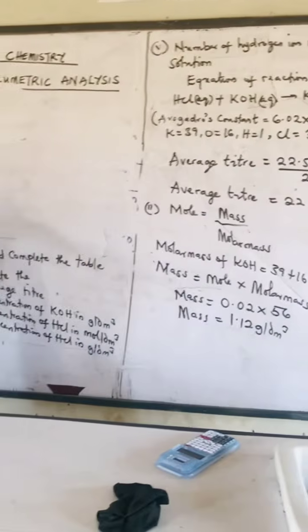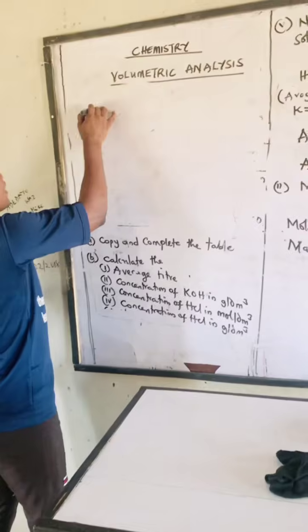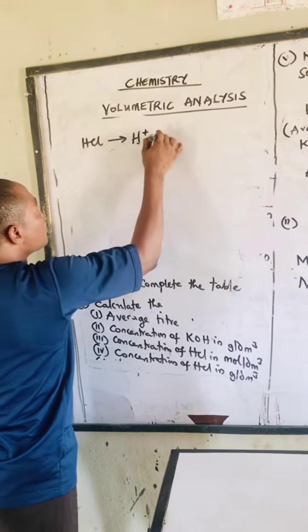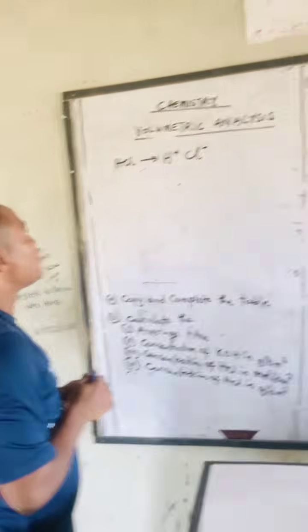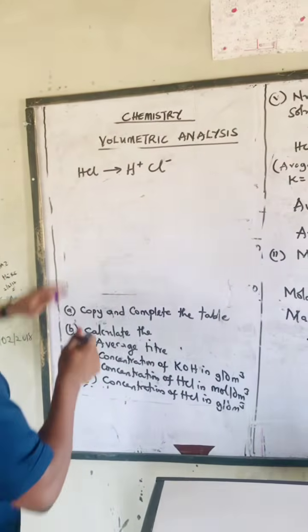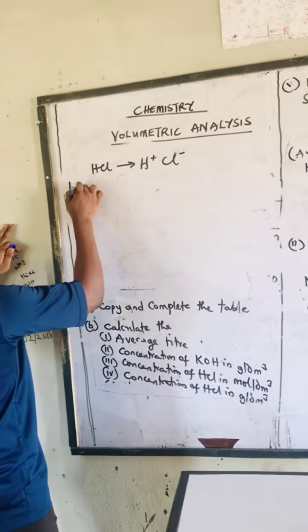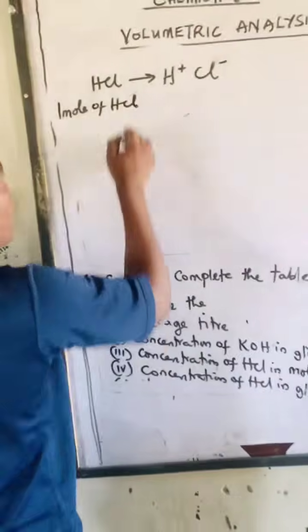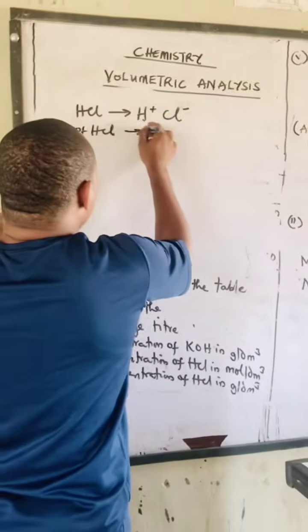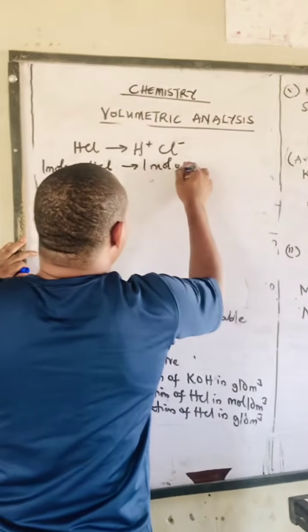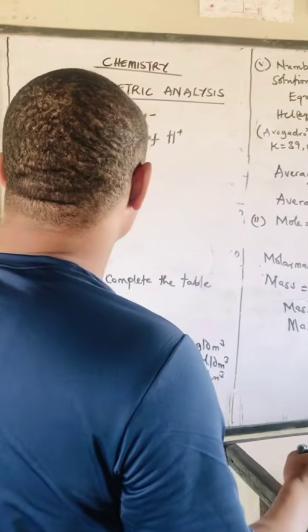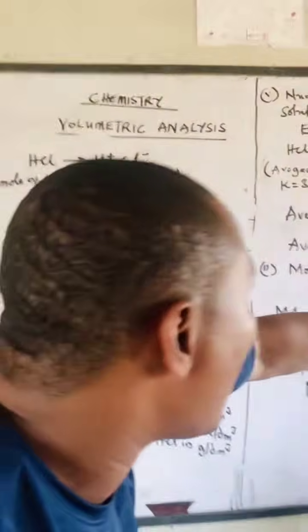Okay. From there, our dissociation reaction for HCl will be HCl equal to H plus Cl, and that's our dissociation reaction now for HCl, which means that 1 mole, please follow me, 1 mole of HCl, don't forget you are looking for hydrogen ion, we give 1 mole of hydrogen ion. Okay, from our calculation now, what is the mole of HCl?